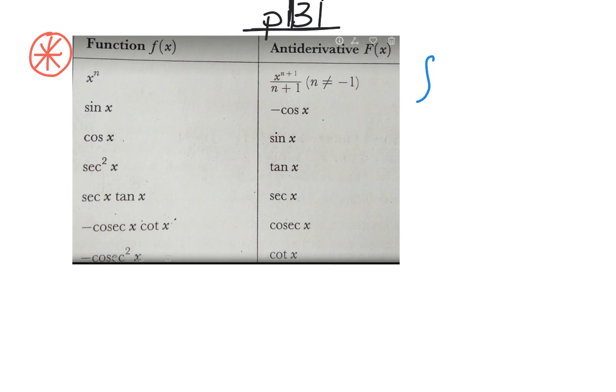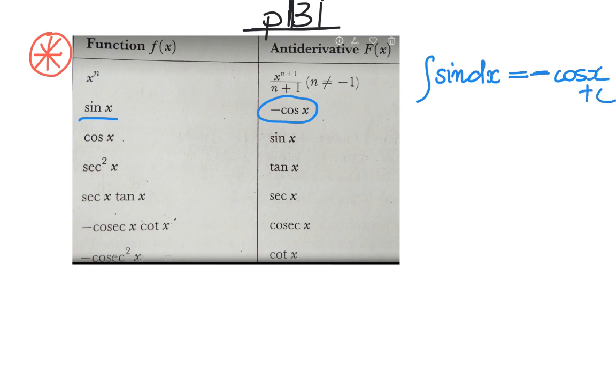If I'm looking for the integral of sine x dx, then the integral of sine of x, its antiderivative, will be negative cos x plus c.